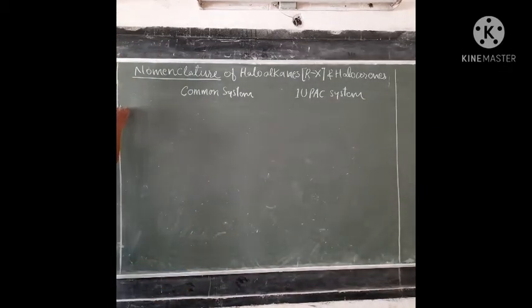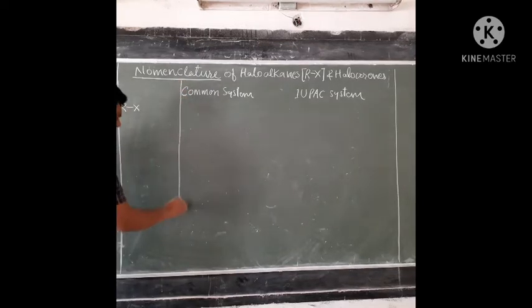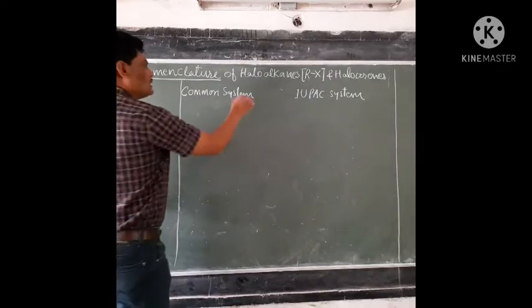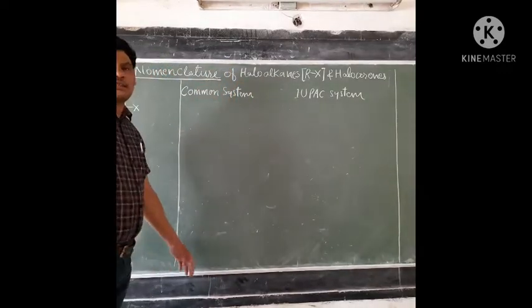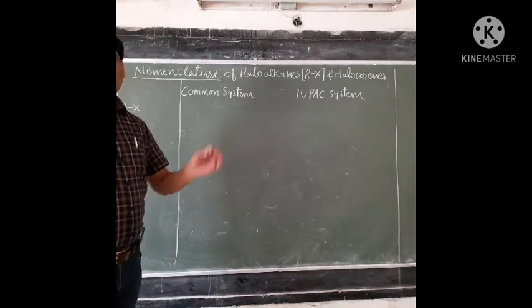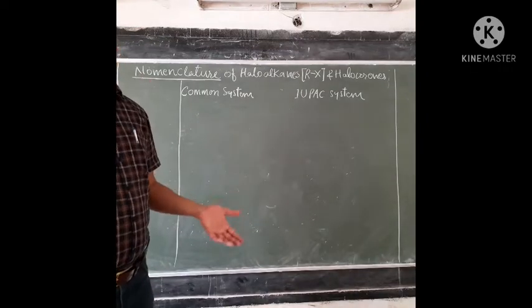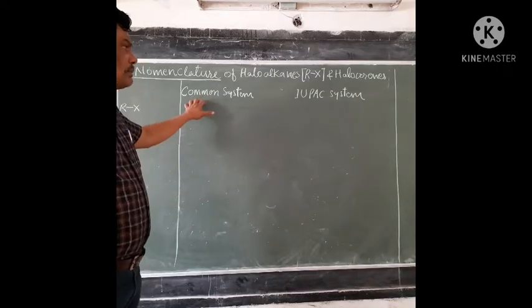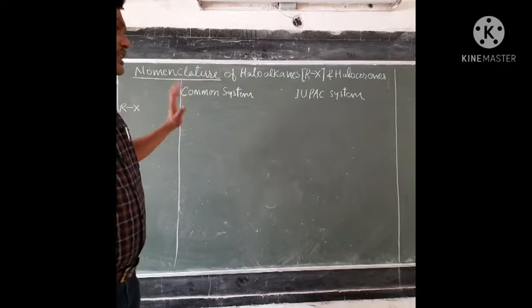Okay. Now suppose we denote RX. What should be the name of RX on the basis of the common system of nomenclature? For nomenclature we have to find what is the prefix, what is the word root, and what will be the suffix for the common system and then for the IUPAC system.